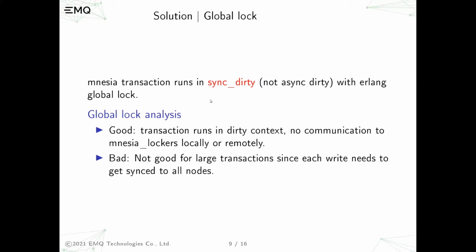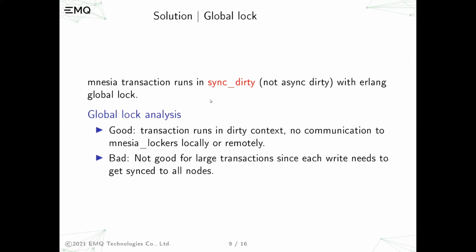The benefit of using global lock is that it makes transactions run in the sync_dirty context. That means it has no need to communicate with the Mnesia locker locally or remotely, so it can just do transactions in that context and then sync the writes to the other nodes.